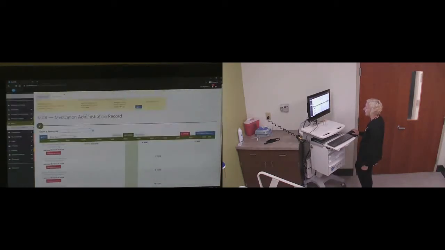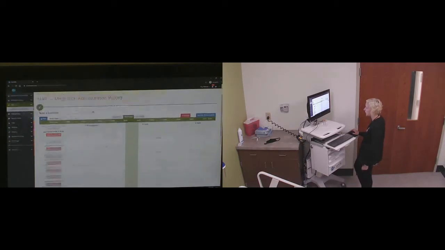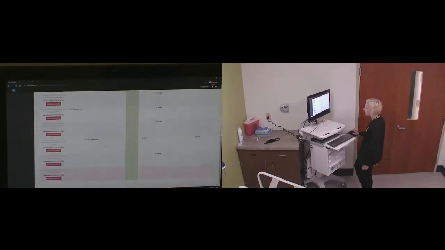So doing my first check of my 5 rights, I have Jean Bray, date of birth 8/12/59. She has an allergy to codeine. This morning she has Coumadin 5 milligram tablet, PO, scheduled to be given daily.